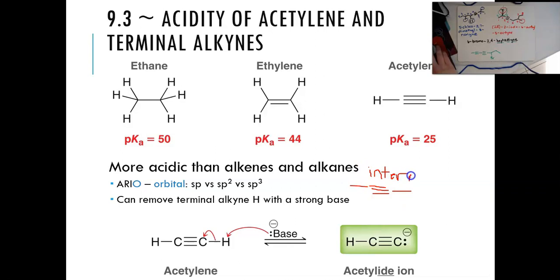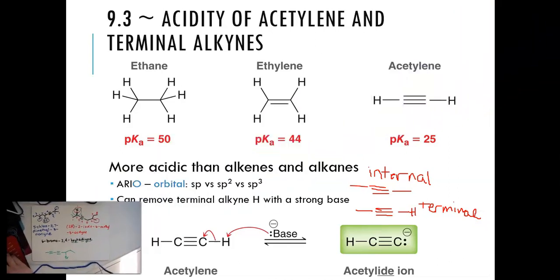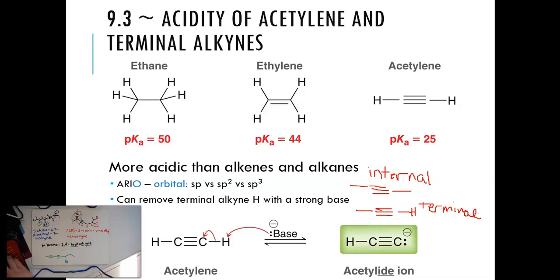So meaning that it's not the end of the structure, it's somewhere in the middle. But if we have a structure like this, so triple bond, but then one of the sides just has a hydrogen coming off of it, that is a terminal alkyne. And so we use this really just as a way to describe where our triple bond is located, but it also helps us talk about how it's going to react and what kinds of things will form because of that.